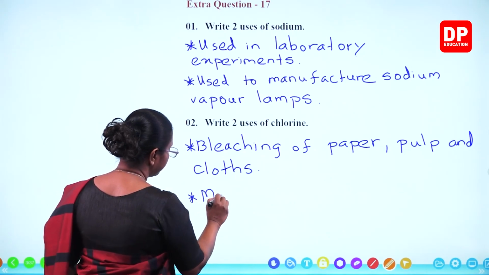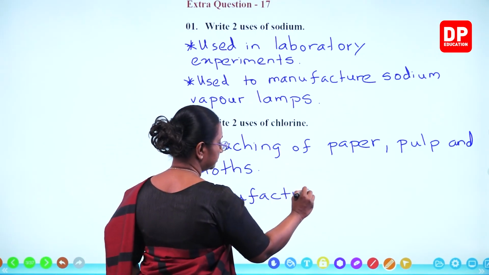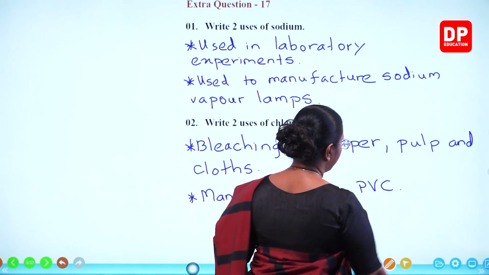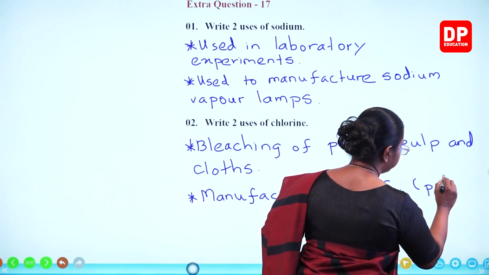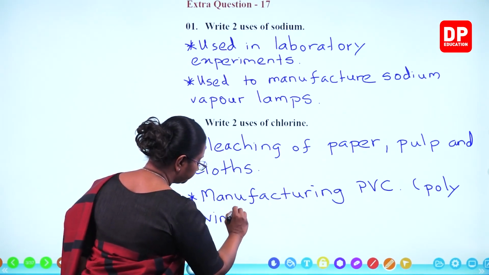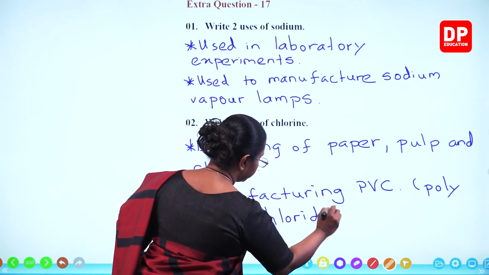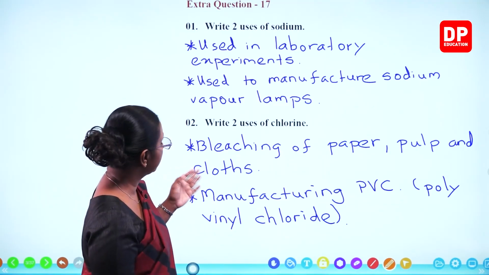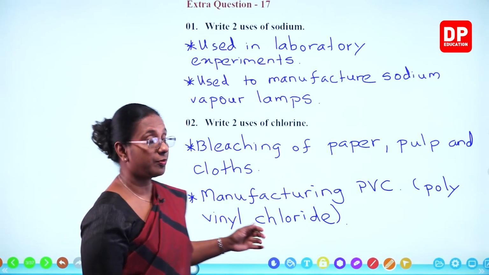Then manufacturing PVC, polyvinyl chloride. So I have written 2 uses, bleaching of paper, pulp and cloths, and also manufacturing PVC, that is polyvinyl chloride.